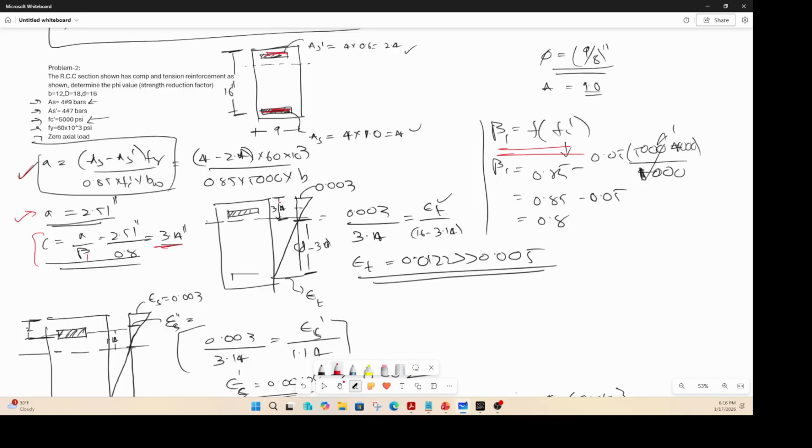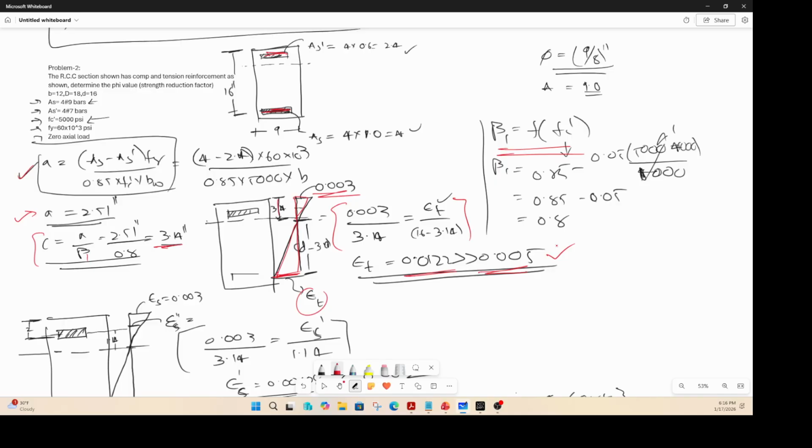Then you plot it, use the principle of similar triangles, based on the fact that this cannot go beyond 0.003, and with basic geometry find out your strain in tension steel. It is much greater than 0.005.